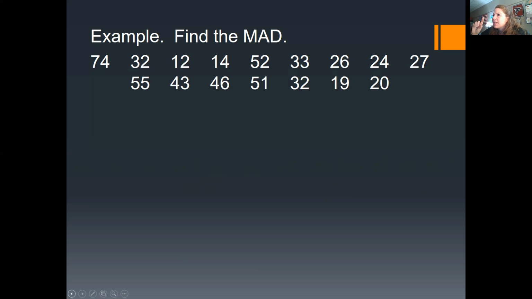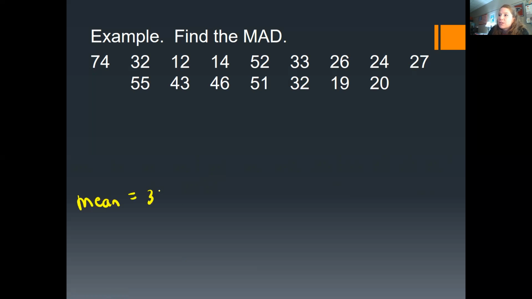All right, so we had 16 numbers. I'm dividing 560 by 16. And I got 35. So the mean is 35.